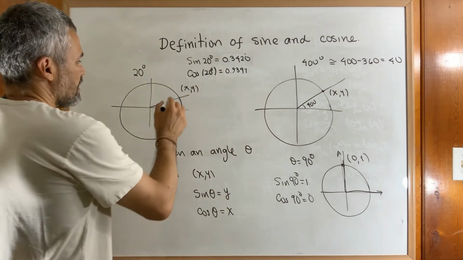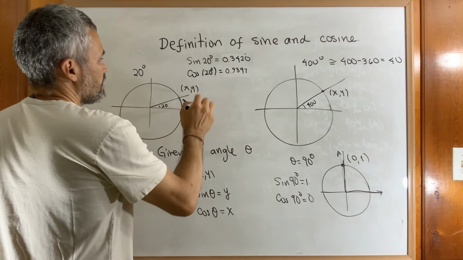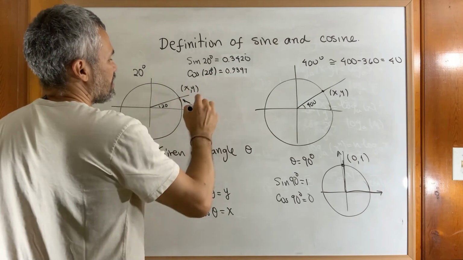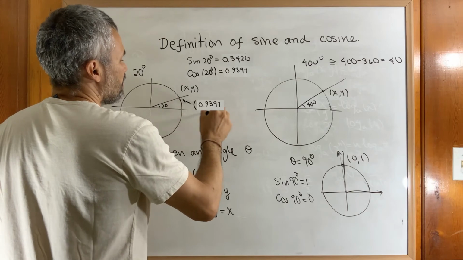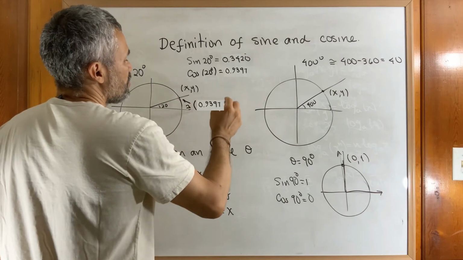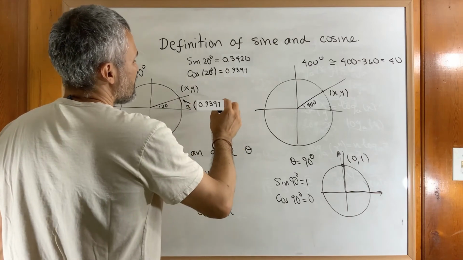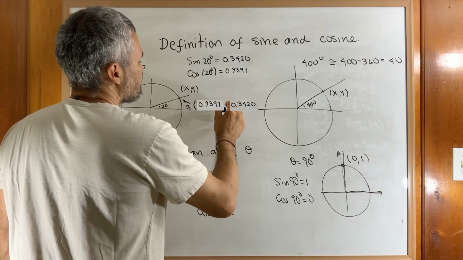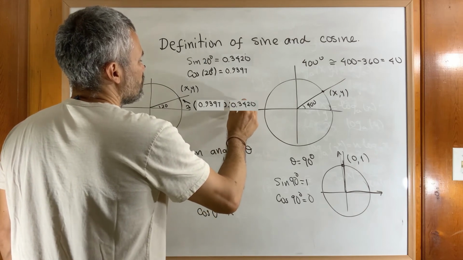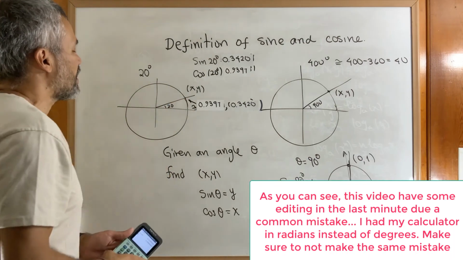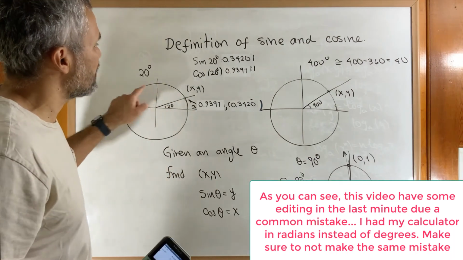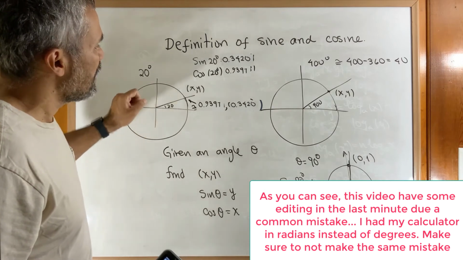And that means that this point here is the point x, but x is the cosine, 0.9397 approximately, with 4 decimals, and the sine is 0.3420 approximately. Okay, then with the calculator we can find sine and cosine of any angle.